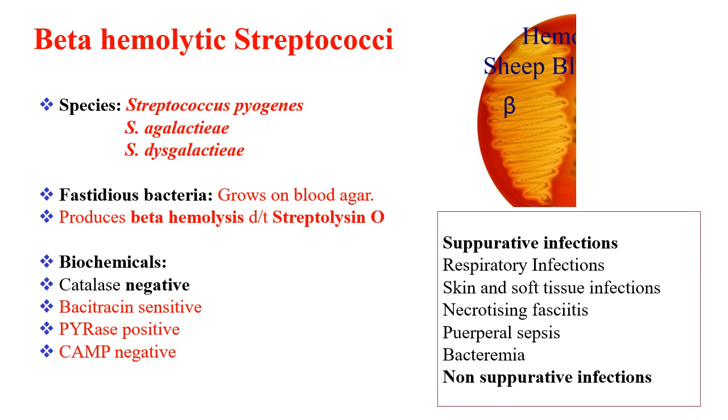What are the infections produced by this bacteria? It could be respiratory infections, both upper and lower, skin and soft tissue infections, necrotizing fasciitis, which is a medical emergency, puerperal sepsis, bacteremia, and another important term is non-suppurative infections.